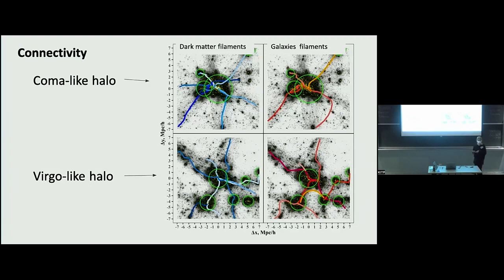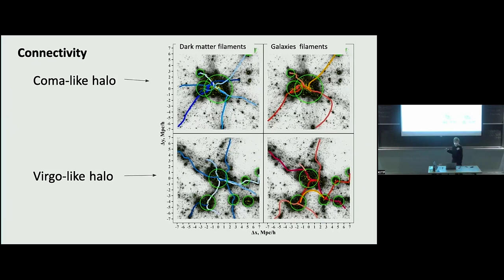From a physical point of view, it shows the number of flows which bring mass to the halo. And as you can see, for coma-like and Virgo-like halos, dark matter filaments and galaxy filaments show different behavior.